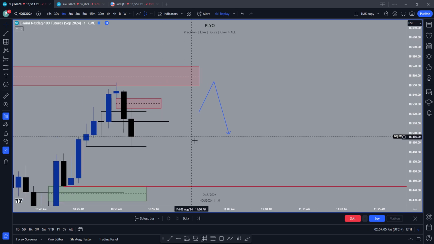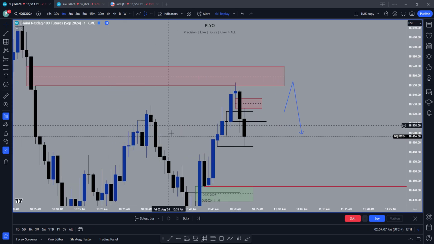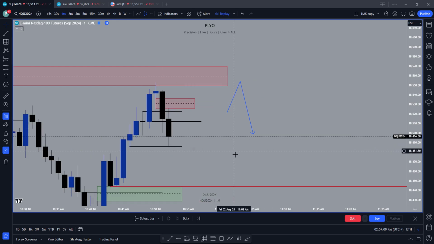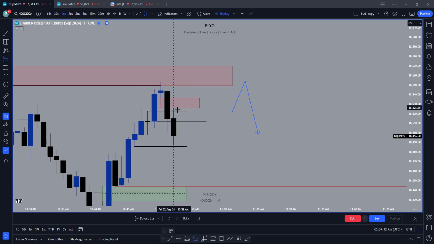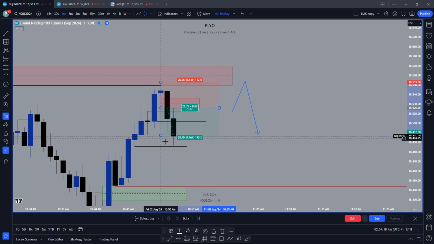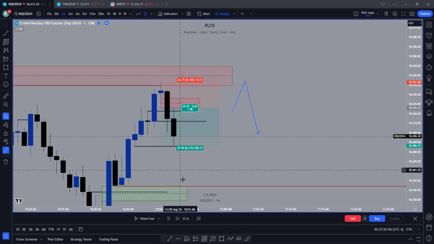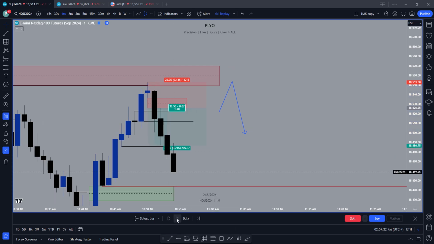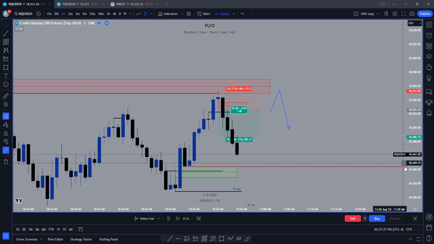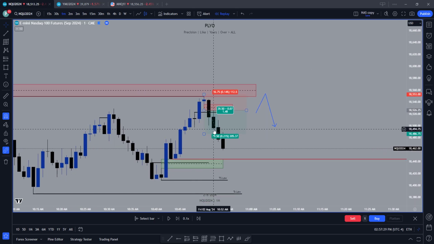Or the best case scenario is that we come back to the 2022 model, which we missed the first time. And so I'm going to just have a limit right there, pretend limit. And remember, your take profit is going to be down here. Let's see what happens. So we go straight through.